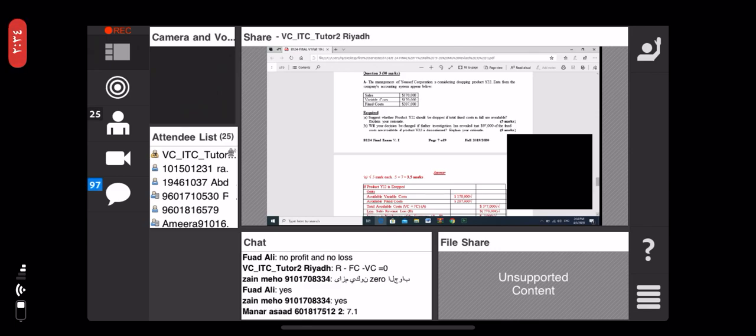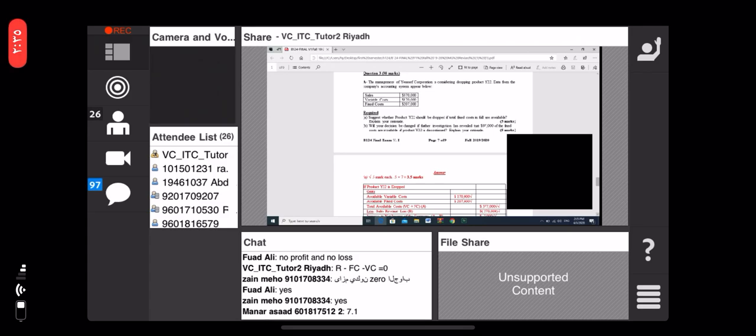Here we will work on the cost relevant for making decisions. We have information about this company: revenue, variable cost, and fixed cost.